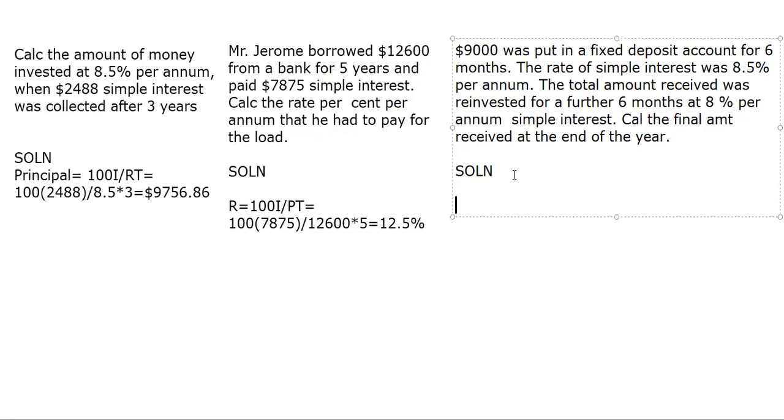The first part we have to work out is the simple interest for the first part, which is 9,000 multiplied by rate, which is 8.5, multiplied by time, which is 6 months, so we put 6 over 12.